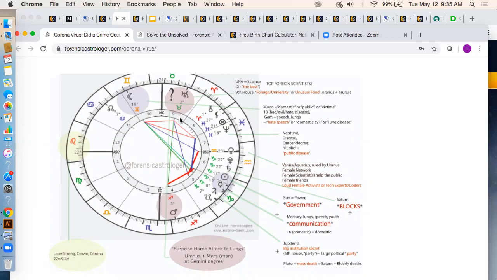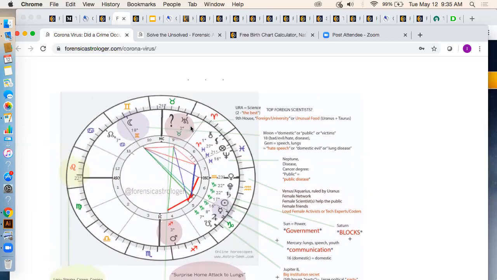So next I want to call your attention to Uranus here. And this could mean scientist at 2 degrees, reflecting the best of something. And in Taurus, that means the world's best. 9 degrees, or the 9th house, can mean foreign.